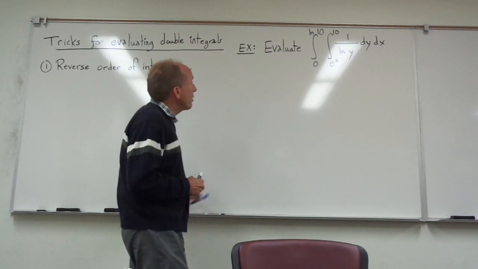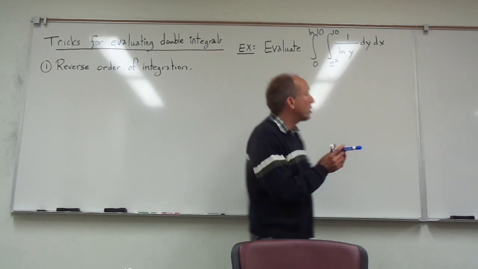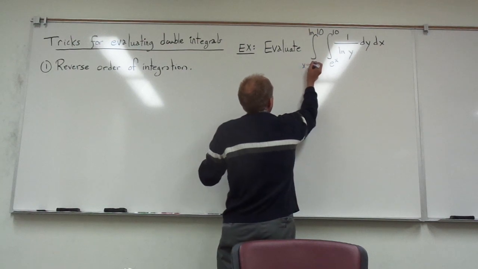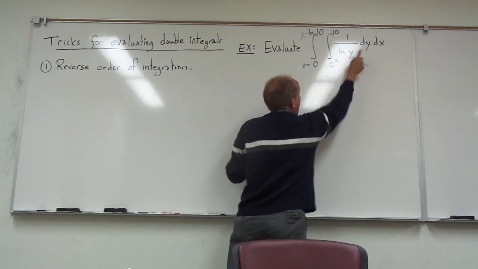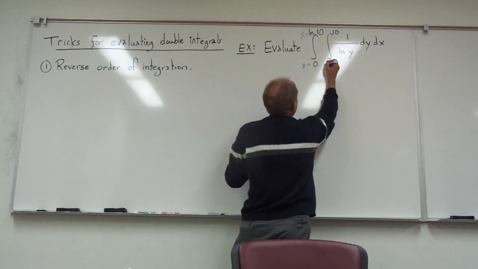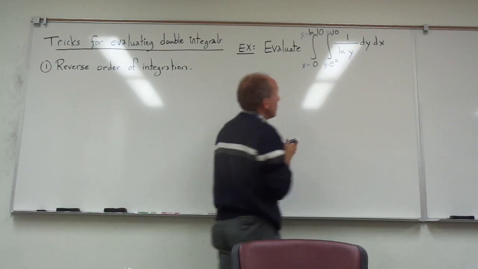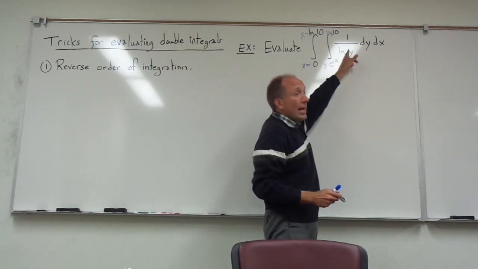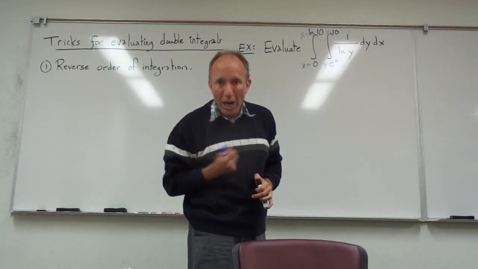What you see here is a double integral. I've got the x on the outside, and I always like to indicate what the variables are. So the x is on the outside, and the y is on the inside. There's nothing wrong with that expression the way it is, except that I don't know an antiderivative for 1 over the ln of y with respect to y.